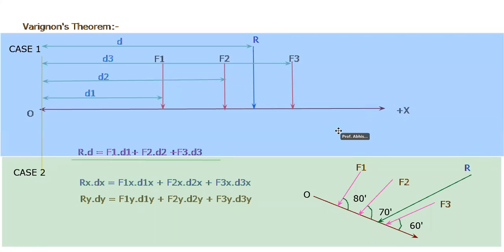Okay, now you must have understood that we have to split the forces. As these forces are not in perpendicular direction, that's why we have to split the forces in x direction and y direction.